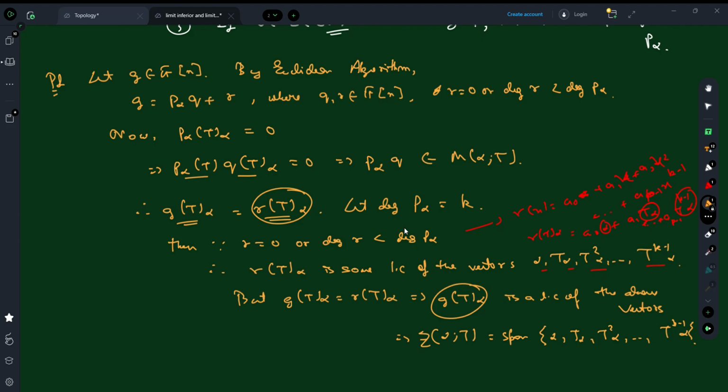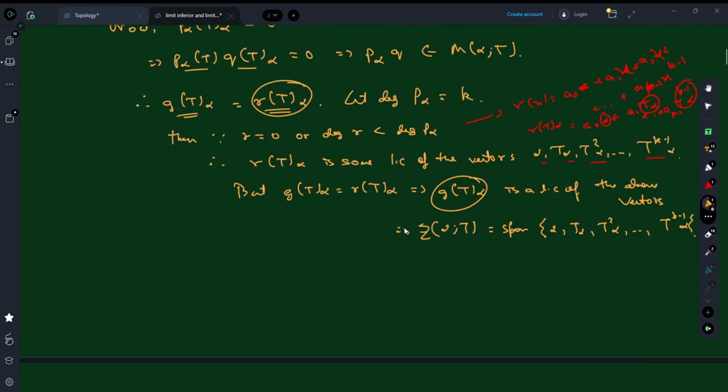Now these vectors are obviously linearly independent because, it's sort of like this. We can think of them. Suppose I choose a, let G(T)alpha be equal to 0.